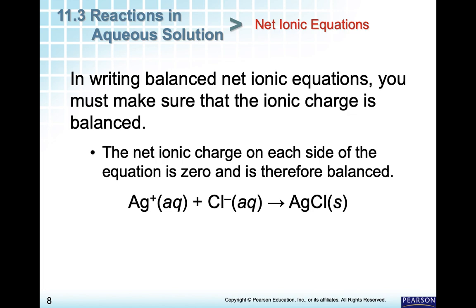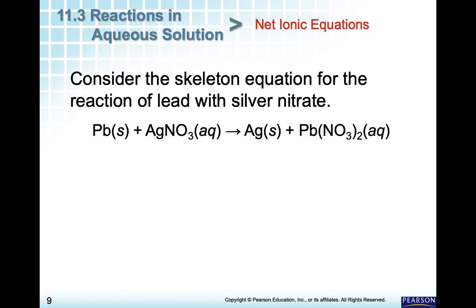So when we write a balanced net ionic equation, we do have to make sure that the charges are balanced. In this case, there's 0 on both sides. Sometimes they will not be 0 on both sides, and that is possible, and that is fine. It just means that both mass and charges have to balance.